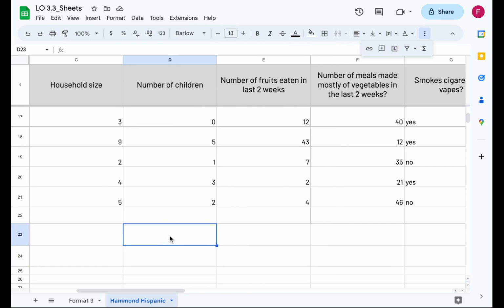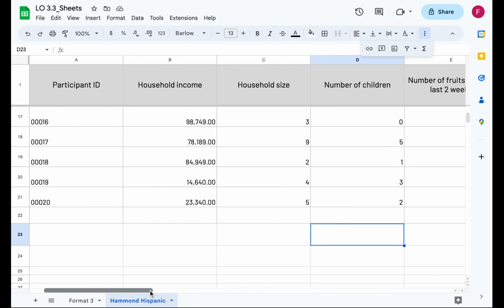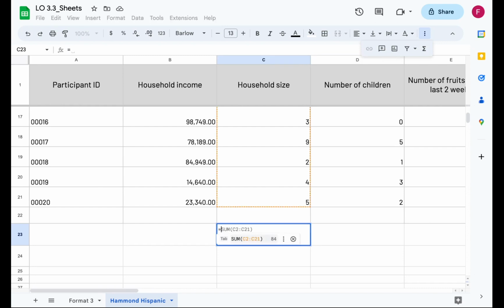So let us see, we want to divide this by this.